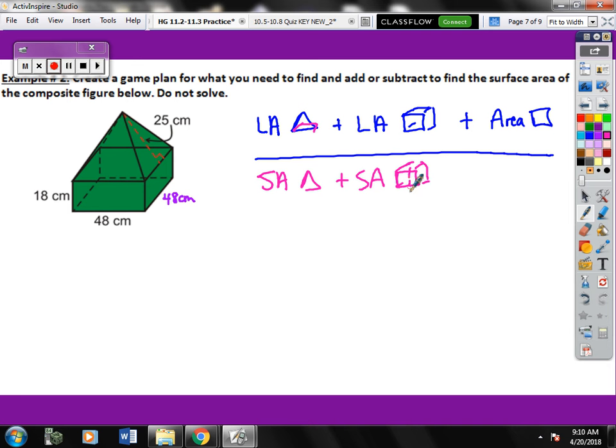If you found the surface area of both, how many bases would you have to subtract? 2. So when you found the surface area of the pyramid, you included this inside square. When you did the surface area of this, you also included that square. So you'd have to subtract 2 times the area of a square.